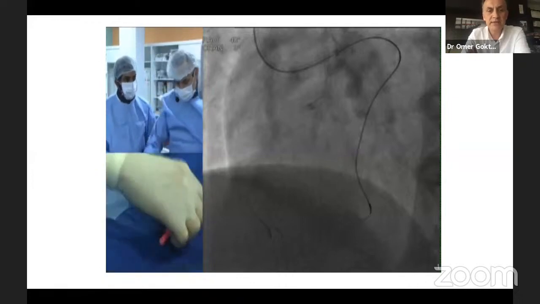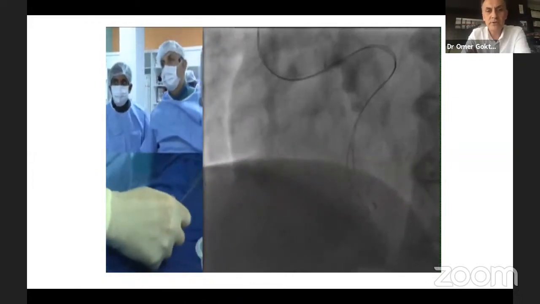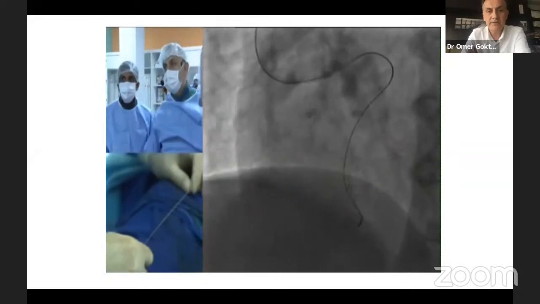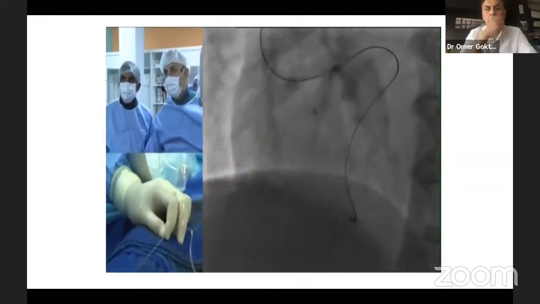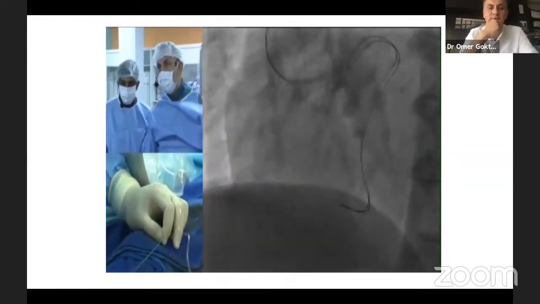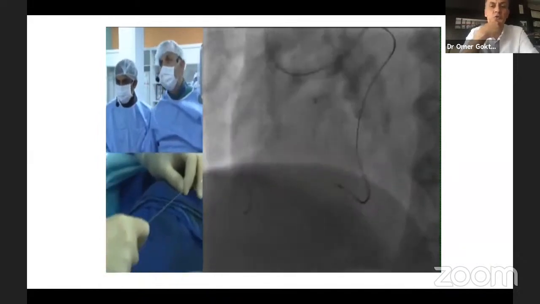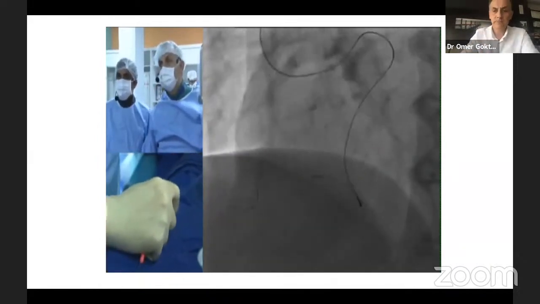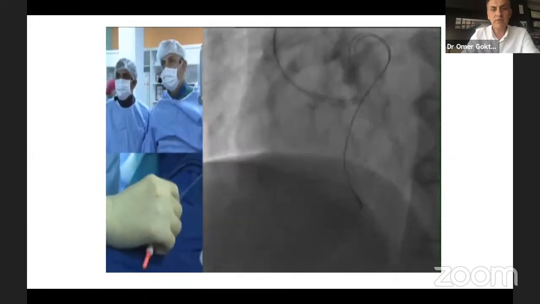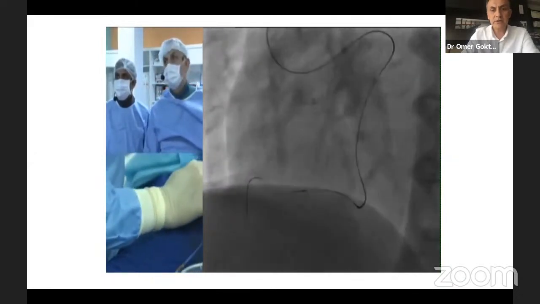This is the technique of how to insert a retrograde microcatheter. You can torque this catheter. Also, sometimes if you need it, you can torque even fine crossing gently. Now it's easy to approach the distal CTO.